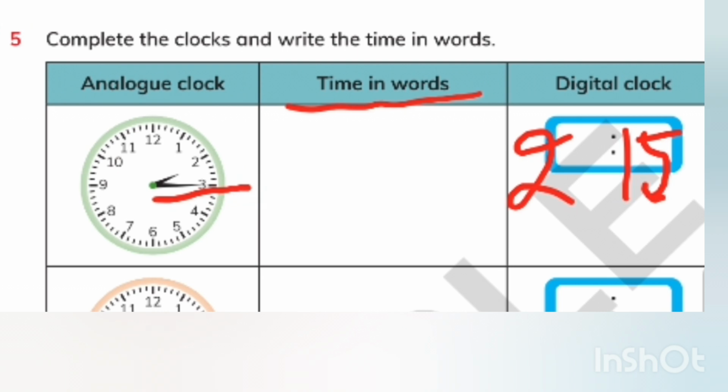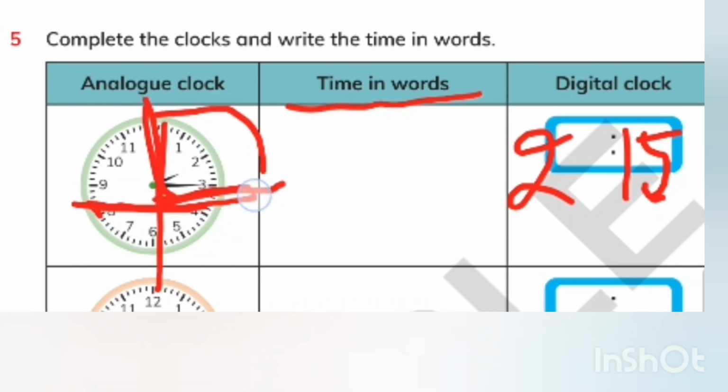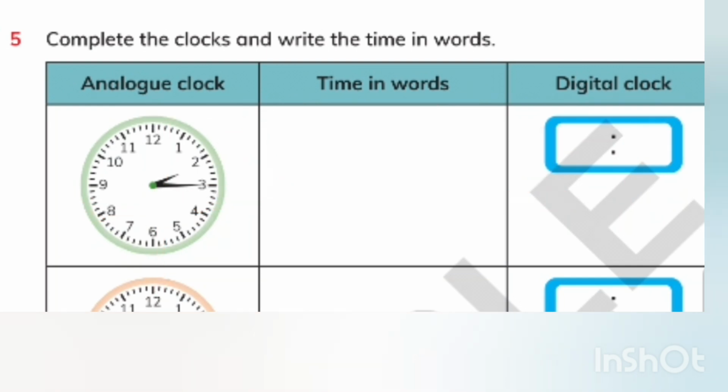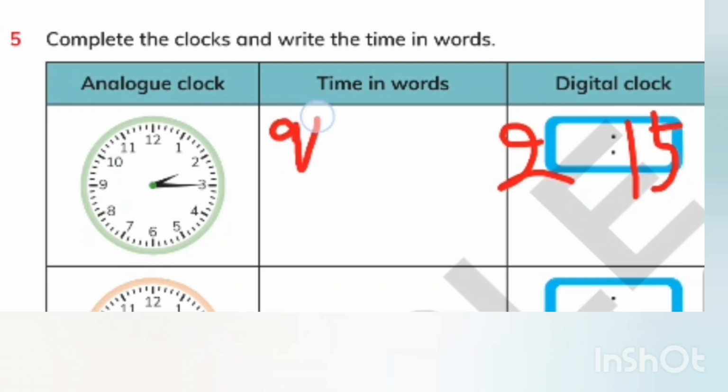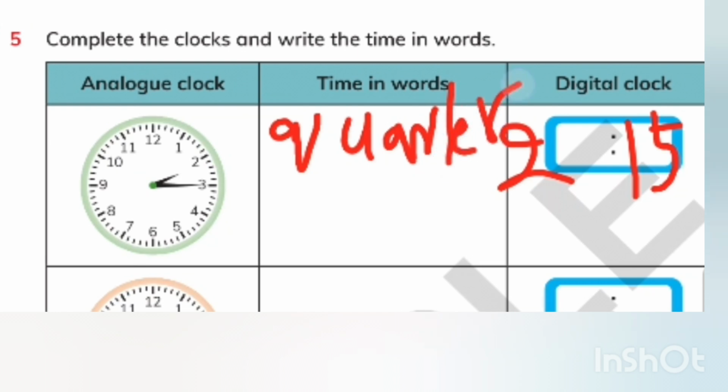3 means, you know, quarter. Quarter means the fourth part. If we divide this clock into 4 parts, this is the 4th part of the clock. So we will write 2:15 in digital, and we will write quarter, and 15 minutes have gone.